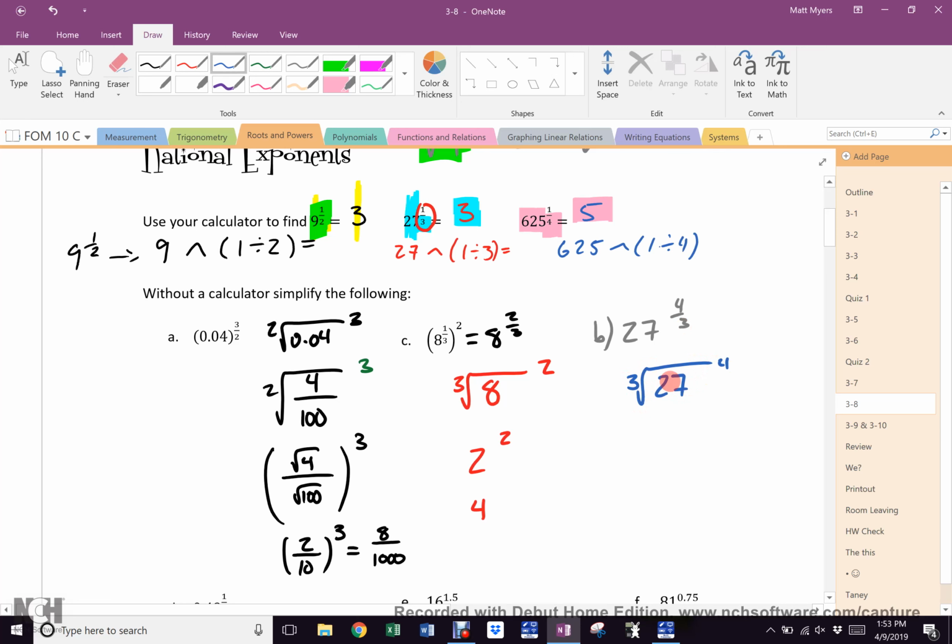What is the cubed root of 27? 3, because it's 3 times 3 times 3, right? I want a group of 3. Out it comes, 3 to the 4th. What is 3 to the 4th? What's 3 times 3? What's 9 times 9? 81, and we're done. Does everyone see how easy this is?